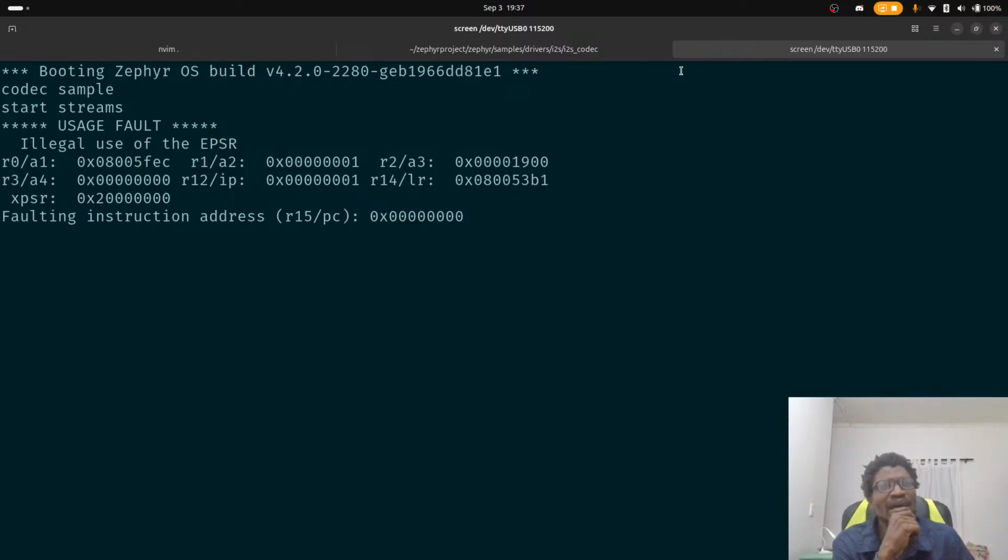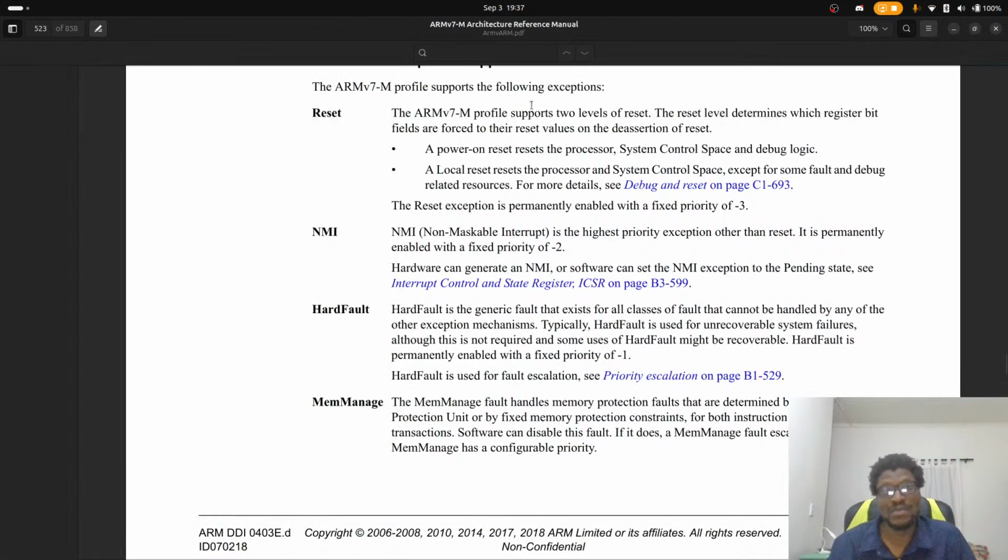Okay, so we know we have a usage fault. We know what usage faults are. Now we get the next line, and it says illegal use of the EPSR. What's the EPSR? Let's find it.